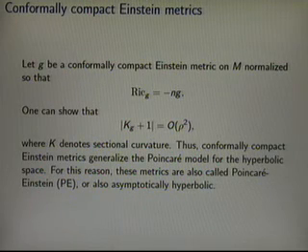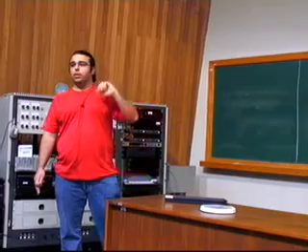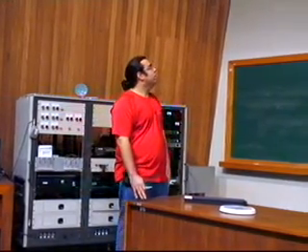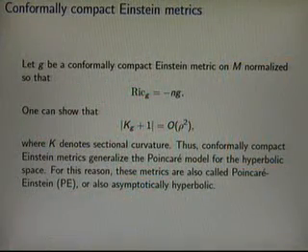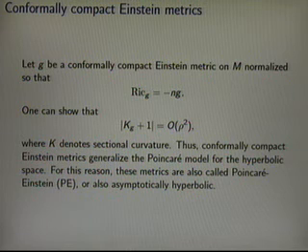I'm interested in conformally compact metrics which are also Einstein. I'm going to normalize my metrics such that the Ricci tensor is minus n times g. The dimension of my manifold is n plus 1. It's a not so bad computation to show that with this normalization, the sectional curvature converges to -1 as you approach the boundary.